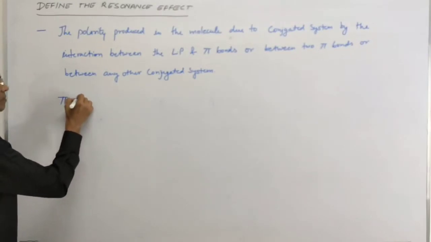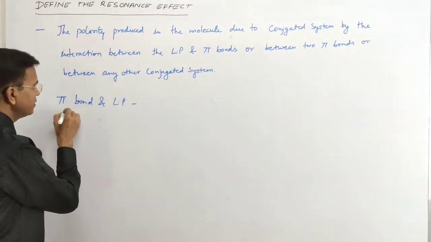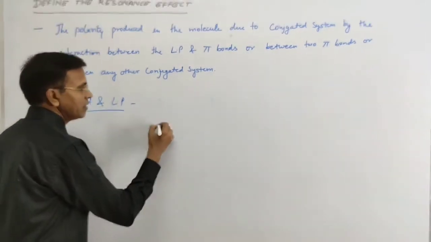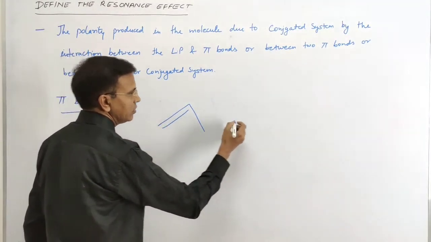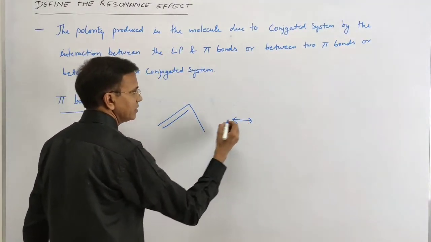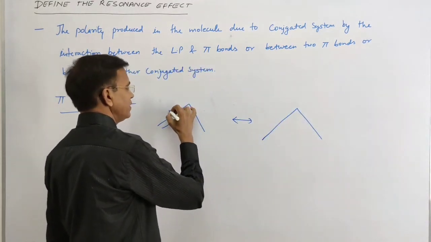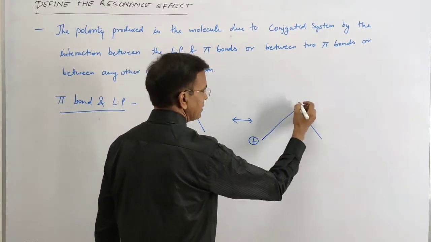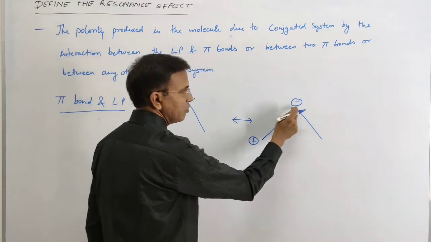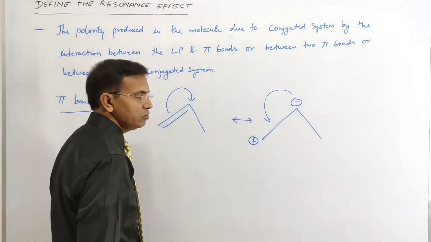For example, interaction between pi bond and lone pair. Here is the pi bond and if it is going to delocalize, it comes as a lone pair here, right? And again this comes to here.